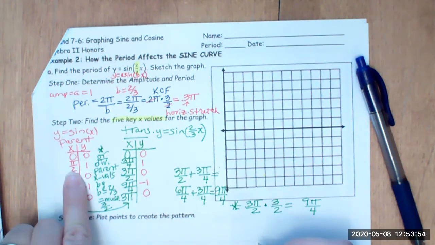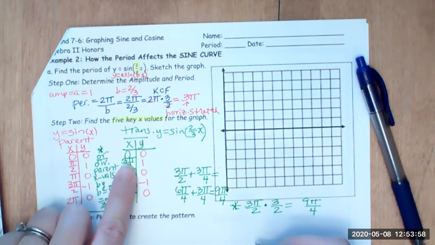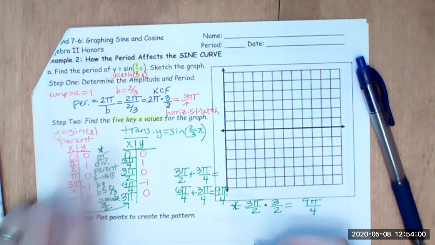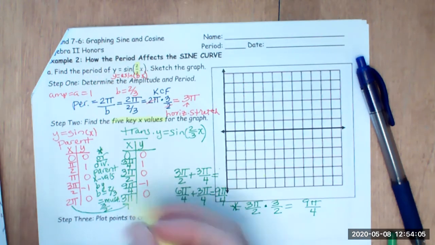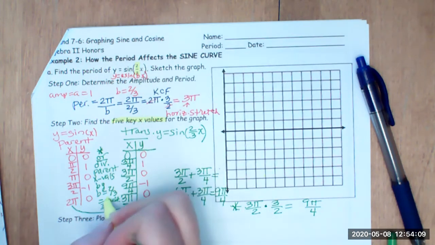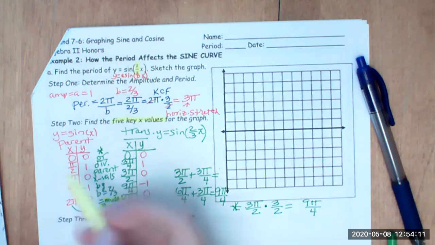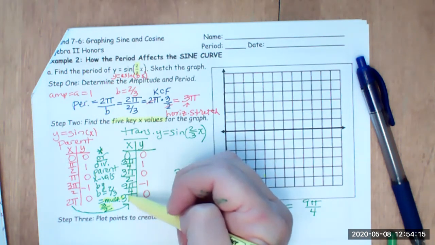Pi over 2 times 3/2 does give me 3 pi over 4. And 0 times, of course, 3/2 gives me 0. So many students do prefer just taking the reciprocal of b and multiplying every parent x value by that to get the transformed x values.